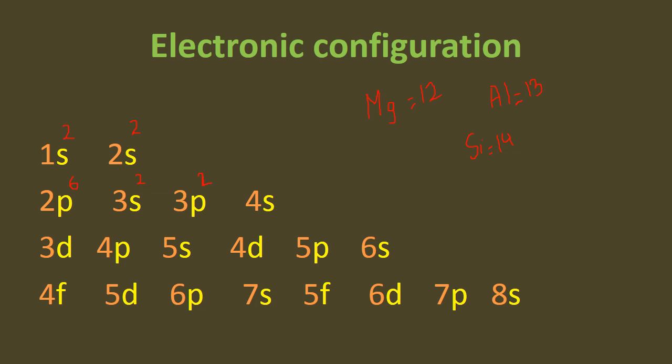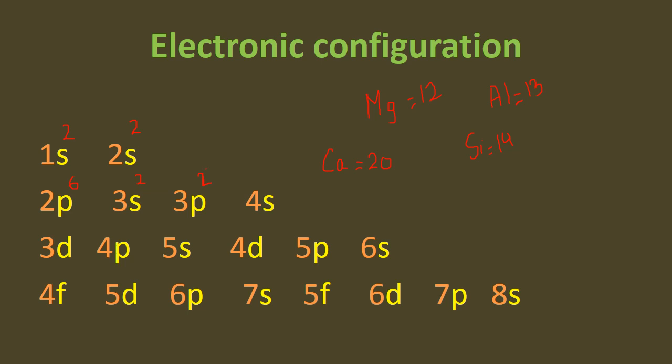Let's move with calcium. So calcium has an atomic number of 20. Now we have to put 20 electrons in the subshells. So 2 in 1s, 2 in 2s, 6 in 2p, 3s will contain 2. And now I have to arrange the remaining electrons.